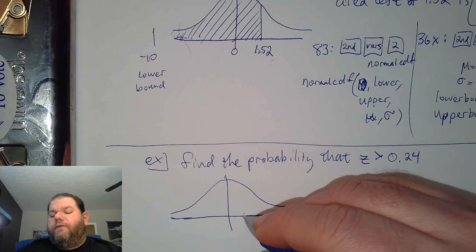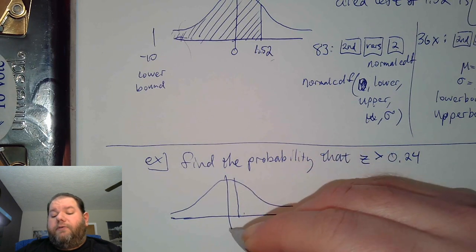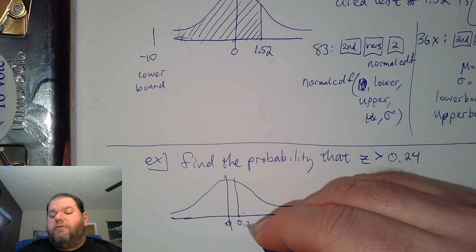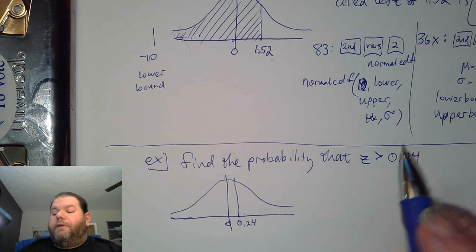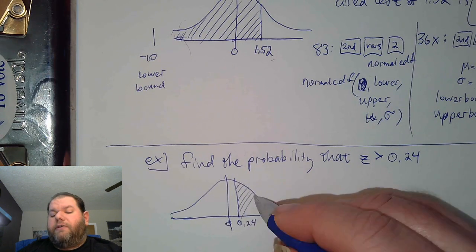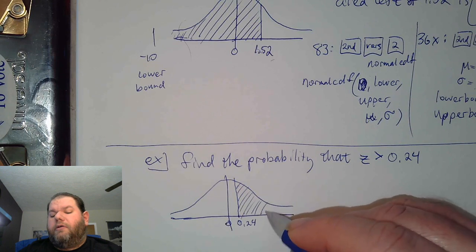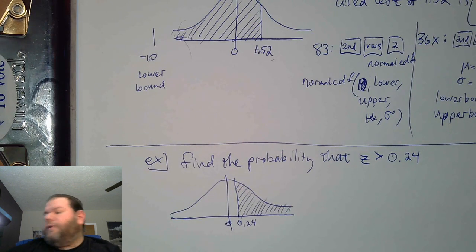Now 0.24 is still positive, so it's still to the right of 0. And because we said greater than, we will shade the area to the right.